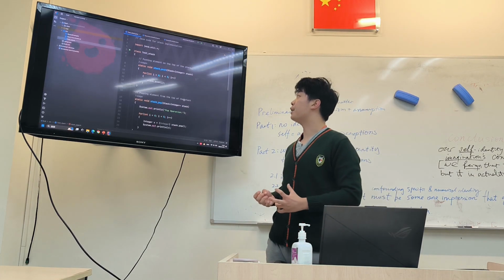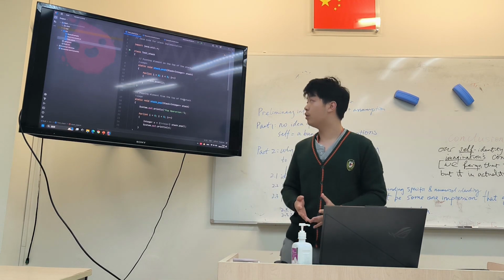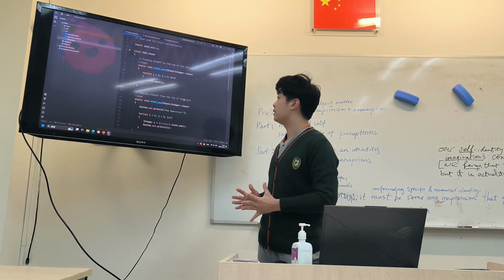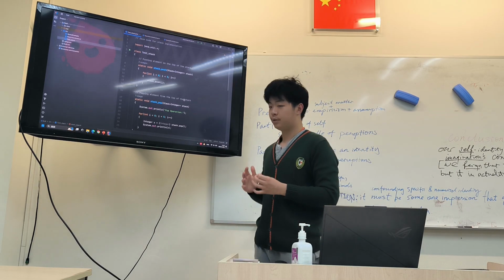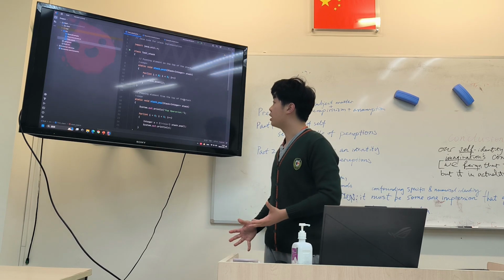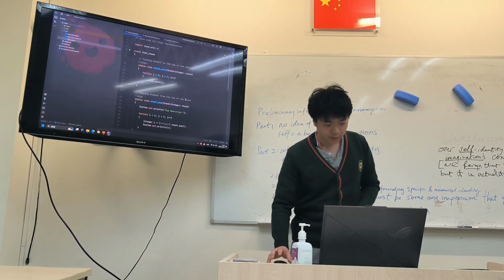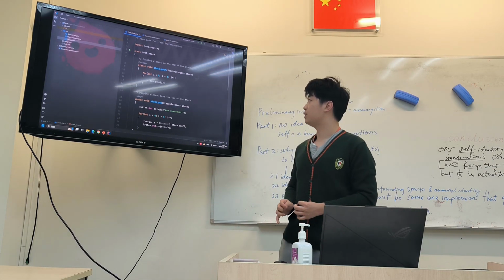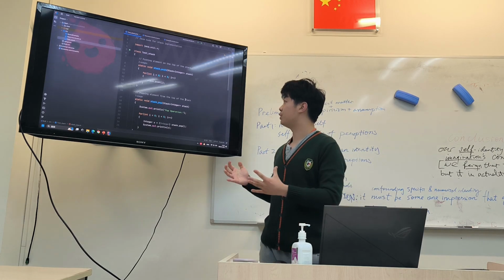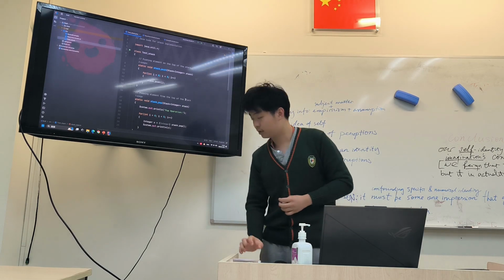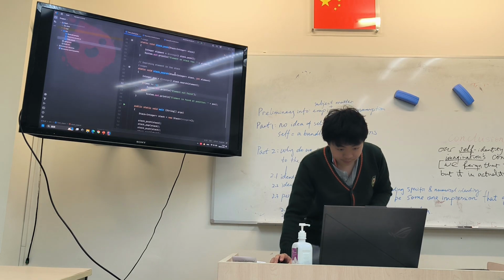And here is a code to test an implemented or created stack in Java. So here are some written methods to, for example, push the data into the stack or pop.